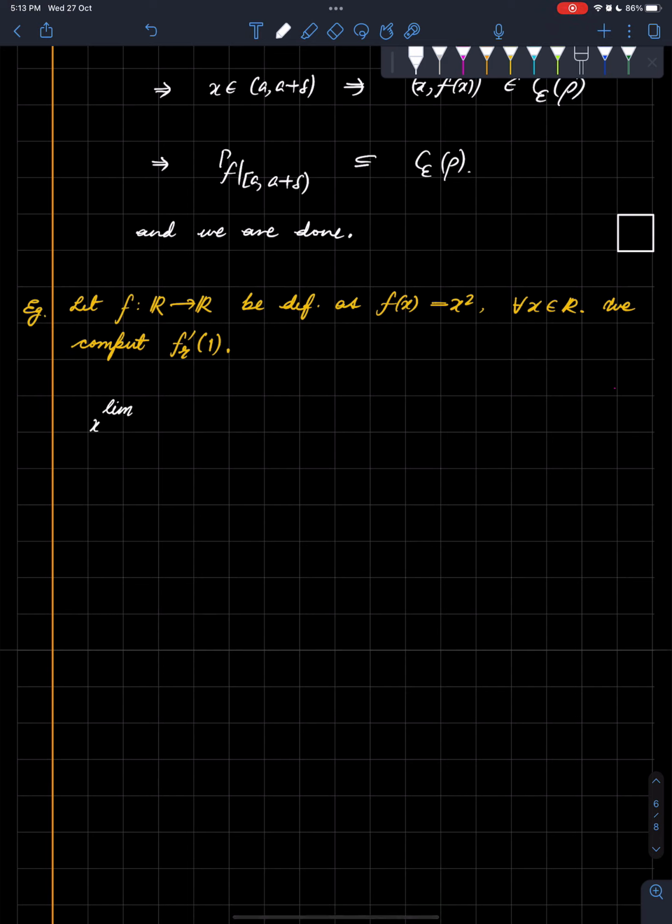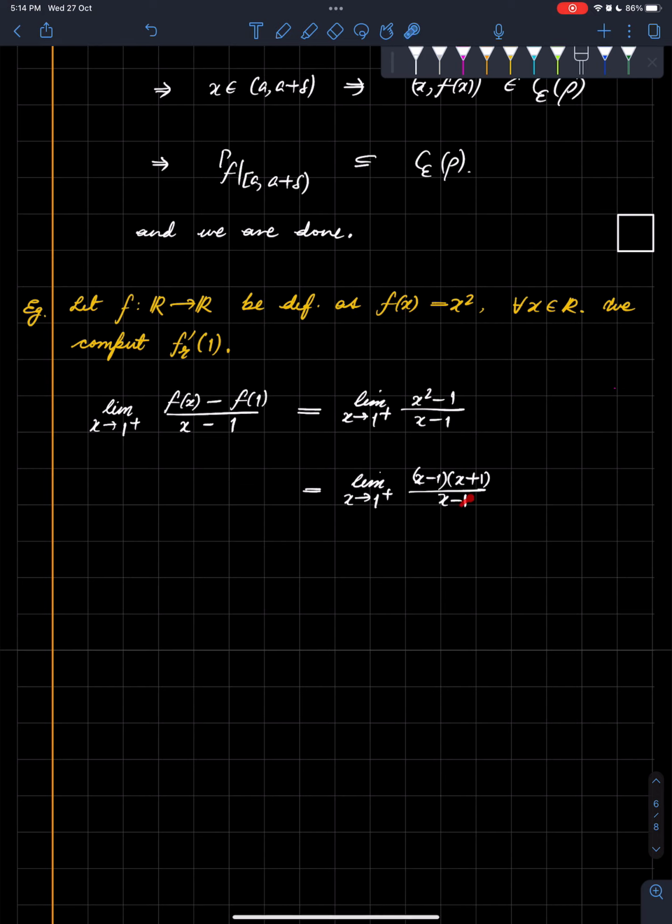So we are worrying about the limit as x goes to 1 plus of (x squared minus 1)/(x minus 1), which is the limit as x goes to 1 plus of (x minus 1)(x plus 1)/(x minus 1).